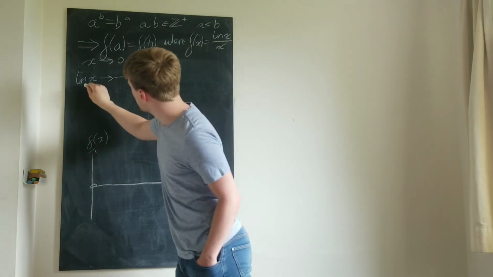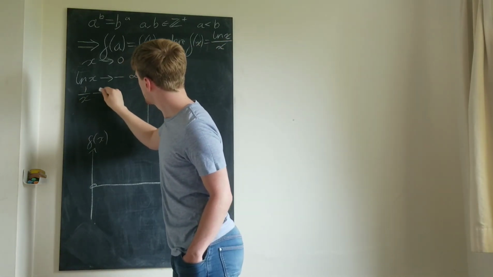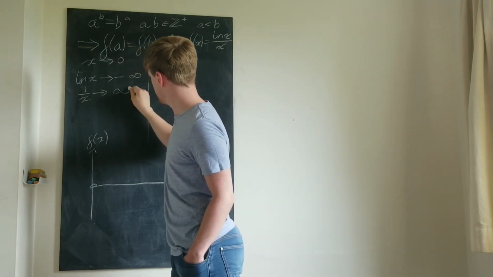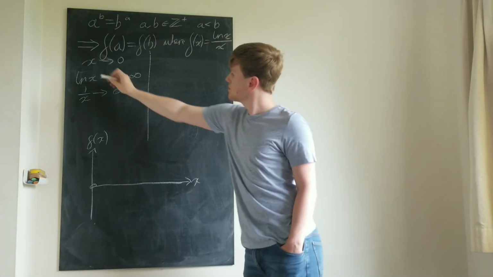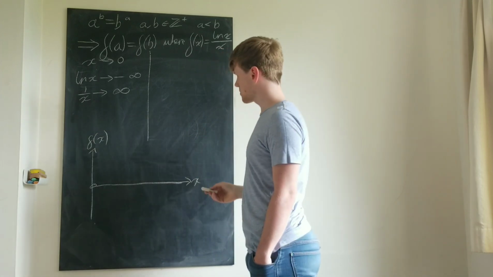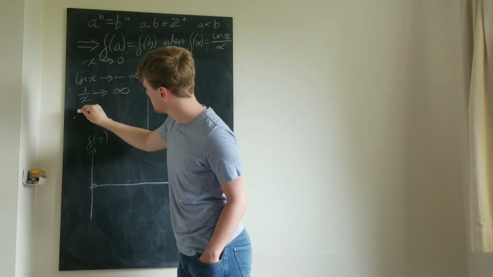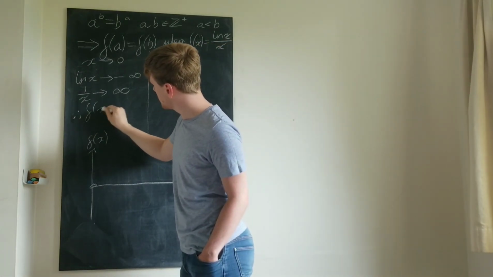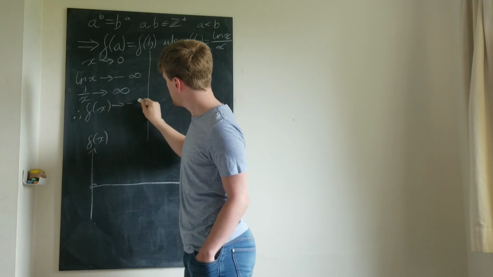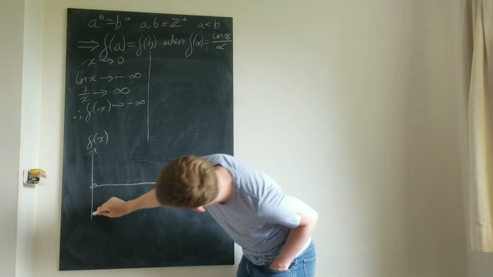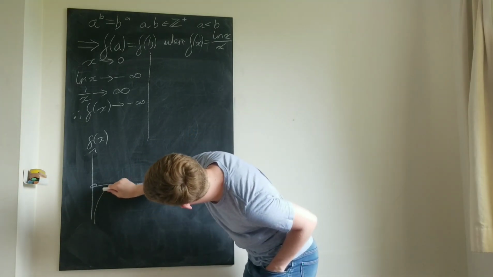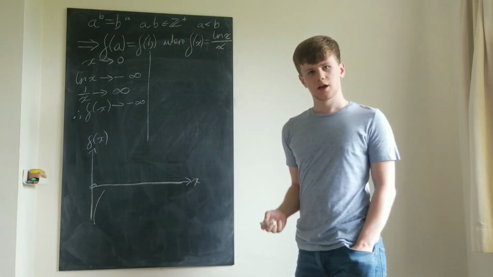And we'll have 1 over x approaching infinity. f of x is the product of ln x and 1 over x. And so this means that f of x will approach negative infinity as x approaches 0. And so we can draw that onto our function here, approaching negative infinity.